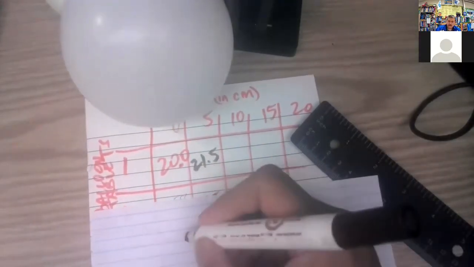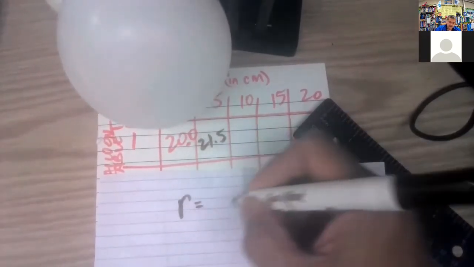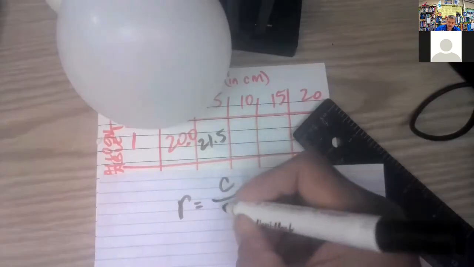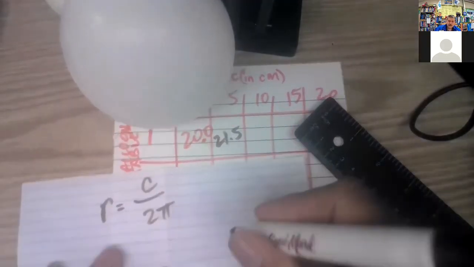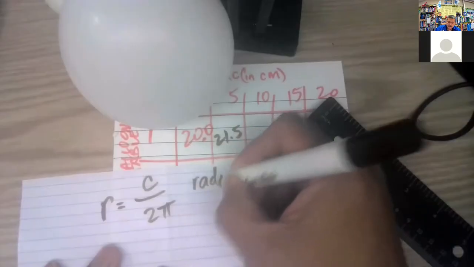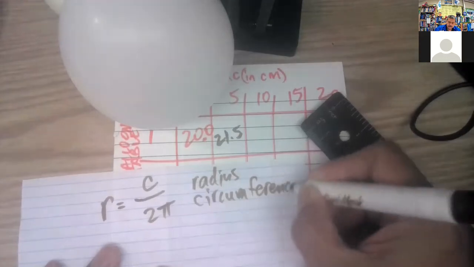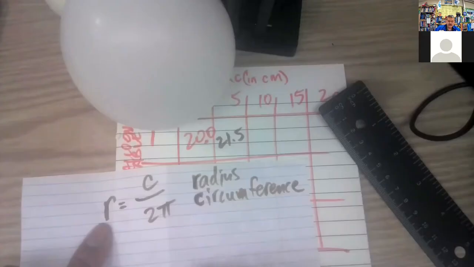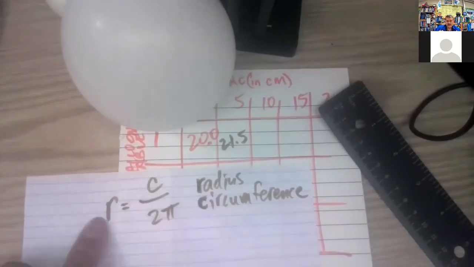So the formula is going to be R, or the radius, is equal to the circumference divided by 2 pi, where R is the radius and C is the circumference. Okay, so that's what those mean. Once you get that, you're going to solve. This is what we're measuring. So use this to solve for R.